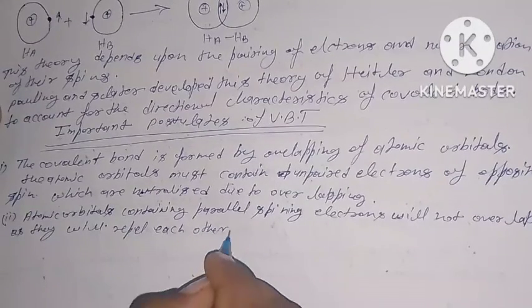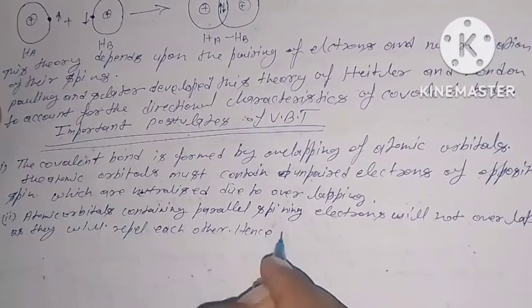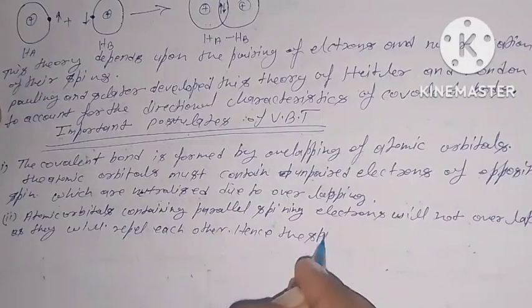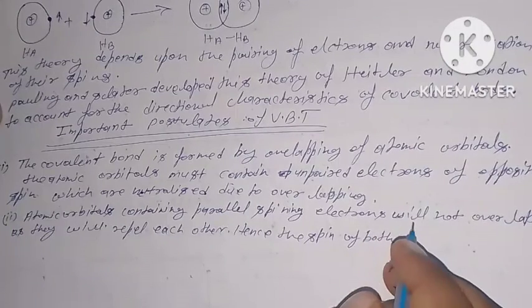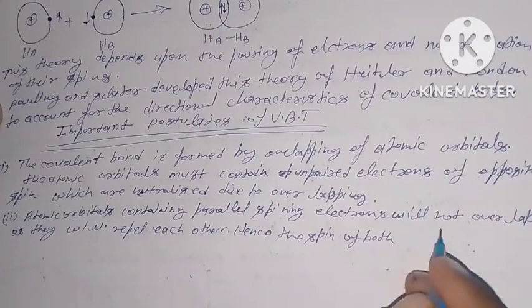Hence the spins of both the electrons must be opposite.